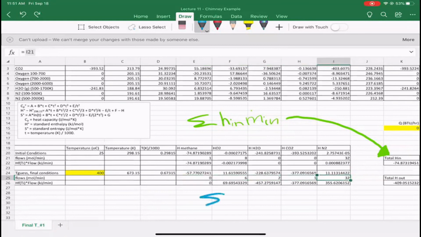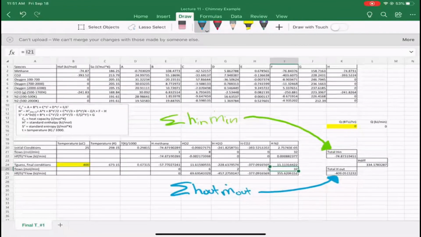And remember, we also have the sum of H out times m dot out. Each one of these terms, just like above, is each one of those cells. And then I sum those cells over here on the right. So that cell is just the sum of H out times m dot out at my guessed temperature.